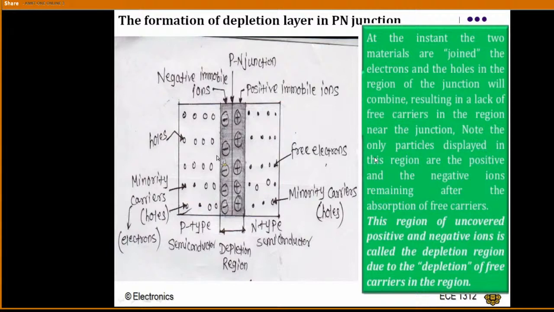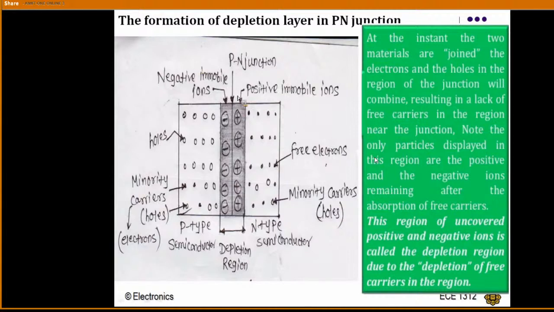If you are combining the P-type and N-type material, on this side electrons are there, and on this side holes are there. Electron hole pair recombination will take place, because you are not applying any external supply; I just combined the P-type material with the N-type material.